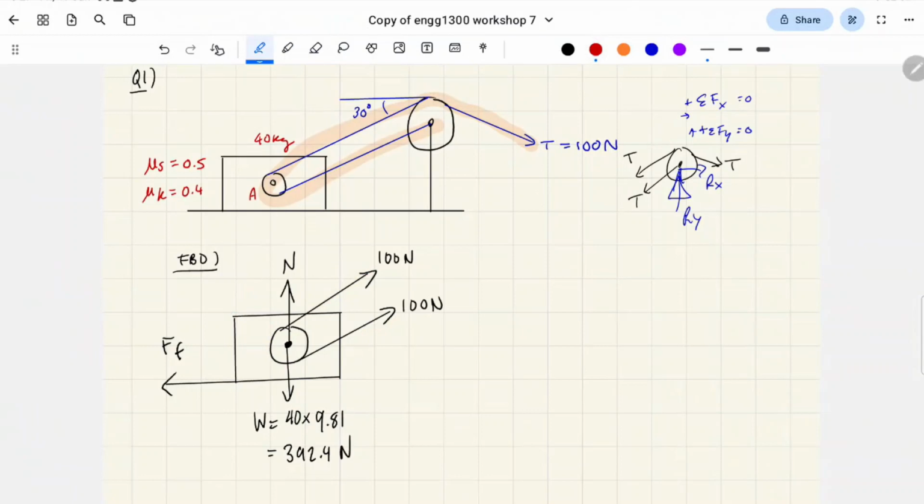But what we do when we're given both values, both values here of static and kinetic friction, is we always have to start by assuming that the box doesn't move, unless the question explicitly tells you that the box is moving or whatever, right? So we assume, start by assuming static, right?